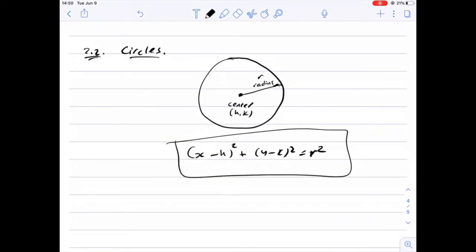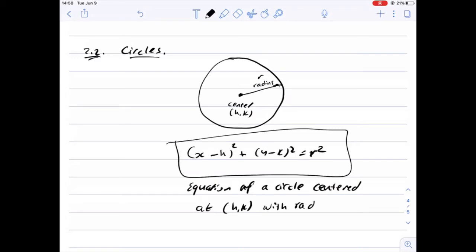So this is the equation of a circle centered at h, k with radius r.